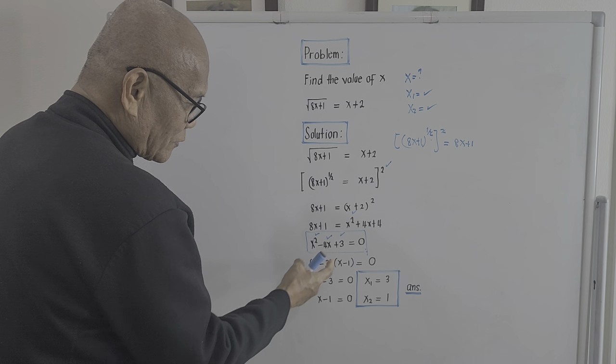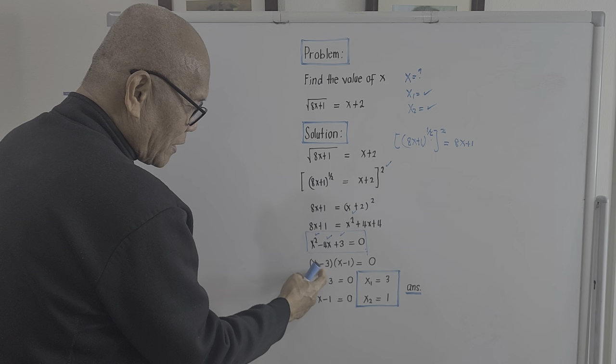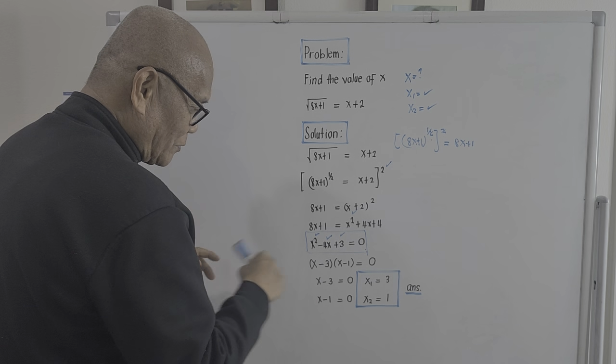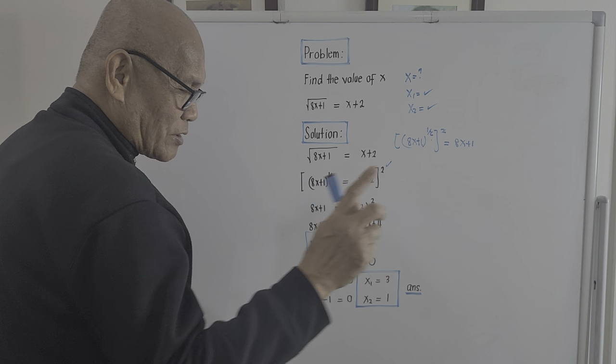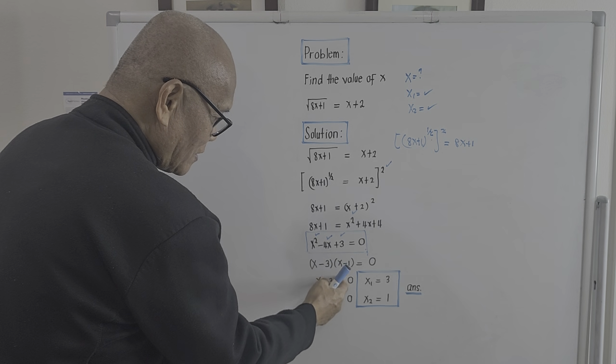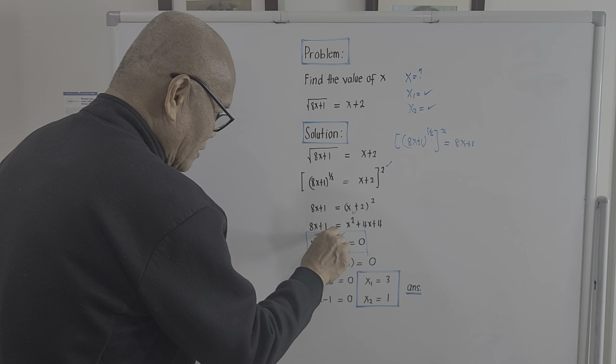And the possible factors of positive 3 could be a negative 3 and a negative 1, because a negative 1 times a negative 3 is actually a positive 3. Let's try to check the middle term. The middle term will be negative 3x, negative x. It is equivalent to negative 4x.